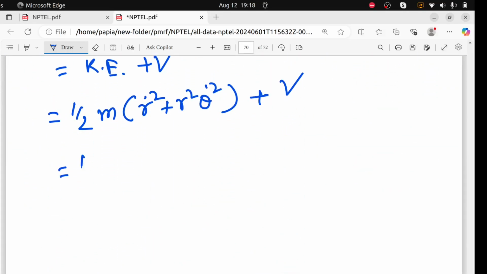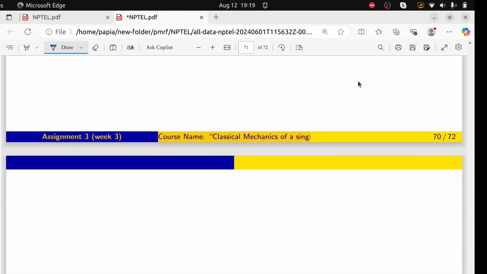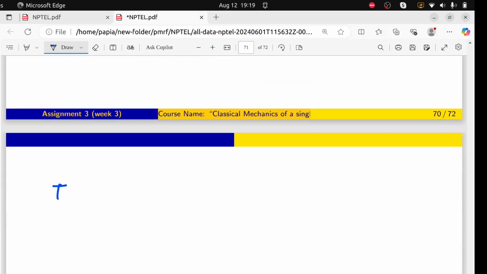So half m r dot square plus r square theta dot square plus k by r to the power 4. So now our total energy is this one.